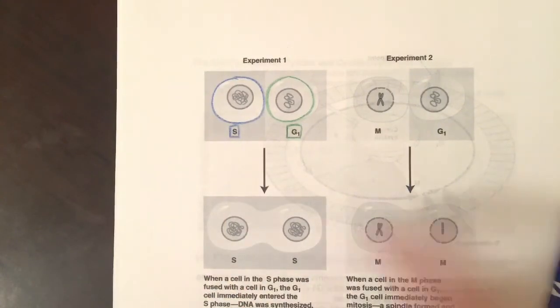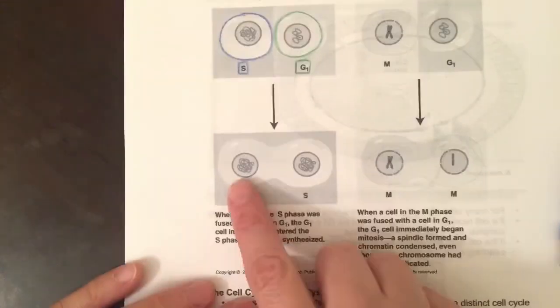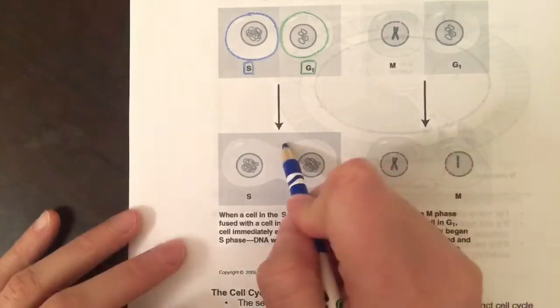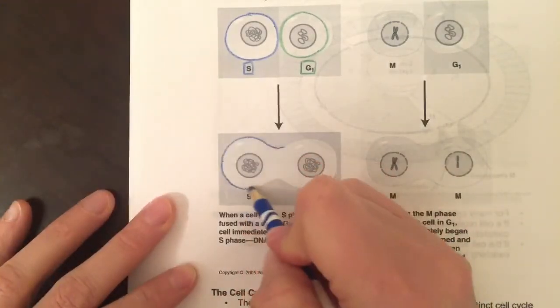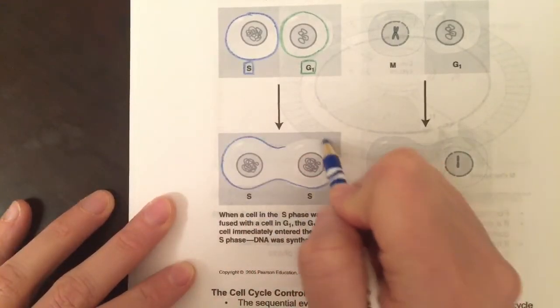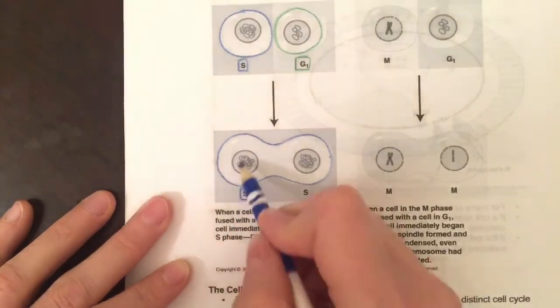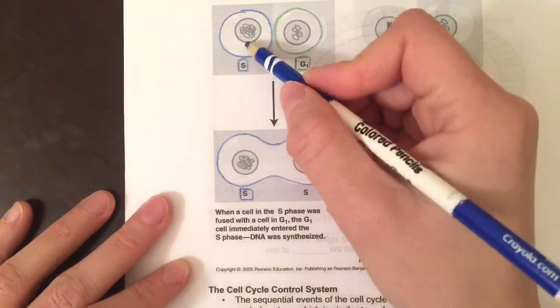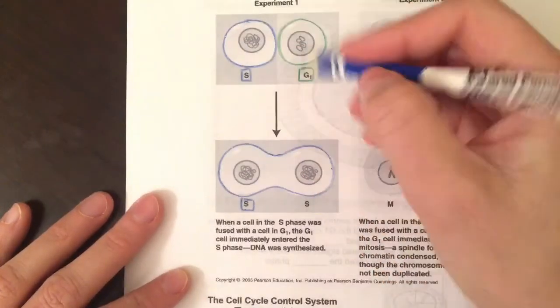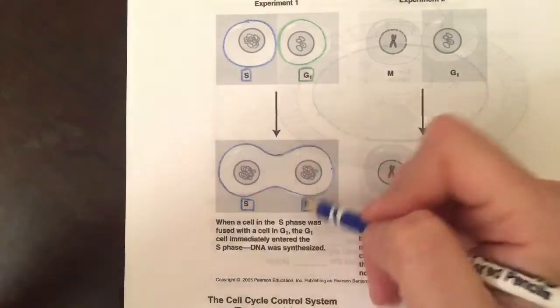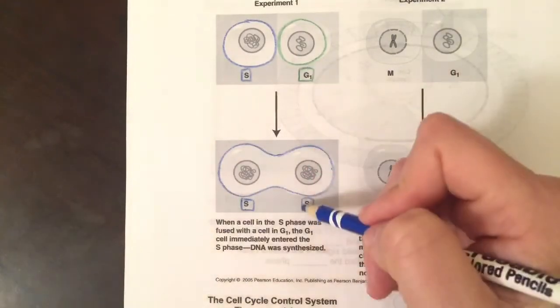And so then notice when they fused them together so that it's one big cell with two nuclei, this nucleus still behaved as if it was in the S phase, but notice this cell now goes into the S phase as well.